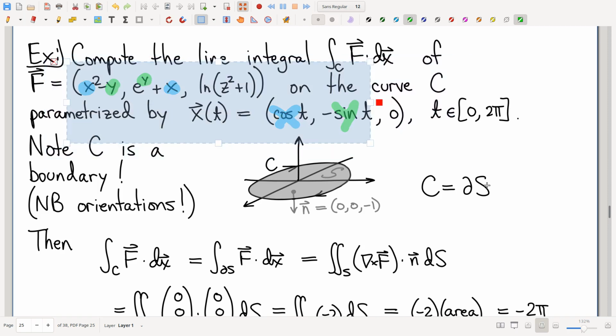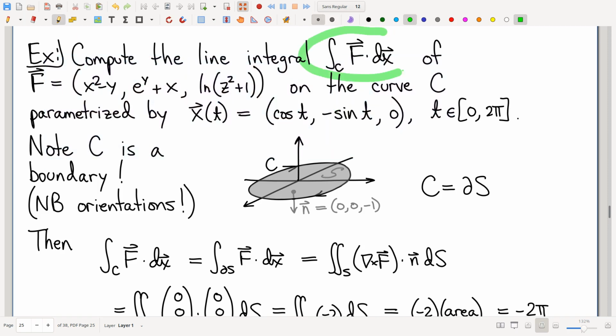Okay. Next option. Again, thinking about how to compute this line integral. Well, it's a line integral. I got an idea. Let's use the fundamental theorem of line integrals. It's right there in the name, line integral, right? I'd be optimistic that we might be able to use it. Bad news, you can't.